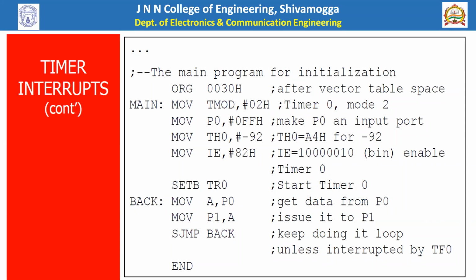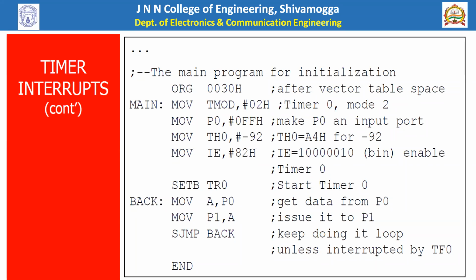That should be divided by the clock period of the microcontroller, 1.085 microseconds, so you will get 92. So timer register TH0 should be loaded with minus 92, and the timer interrupt should be enabled.